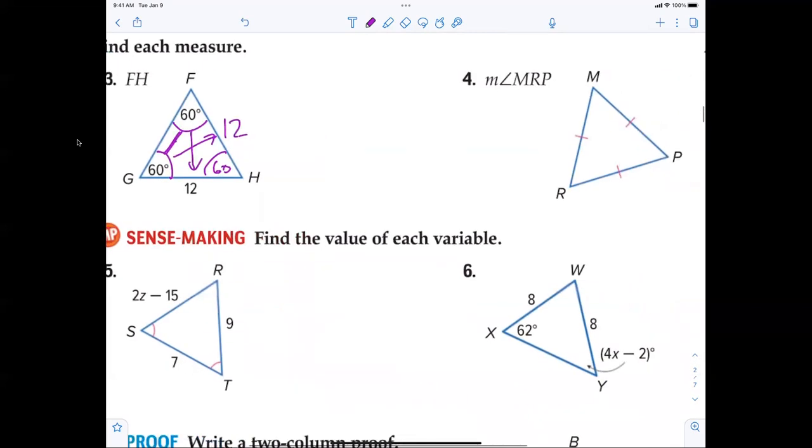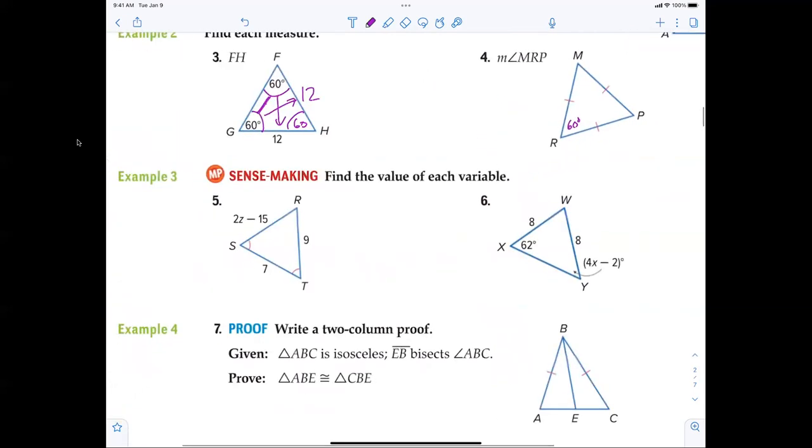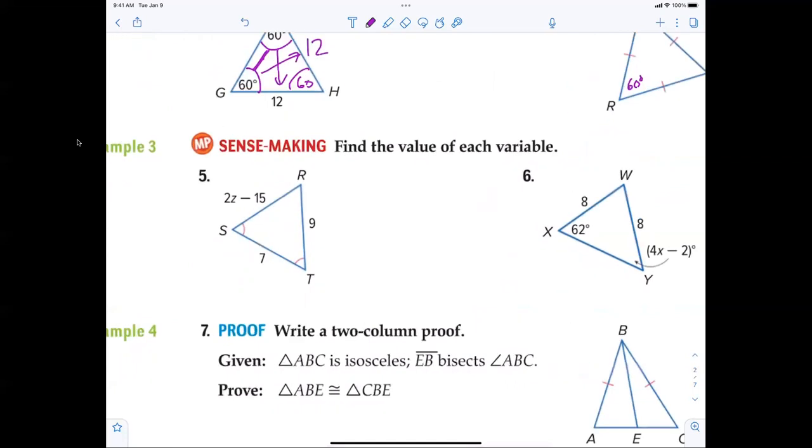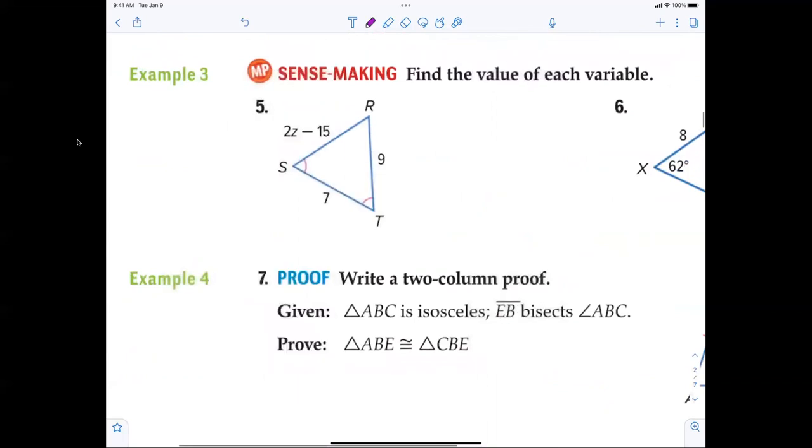So let's make sure we're good over here. Well, all those angles are what? 60. So MRP would be this guy right here, 60 degrees. Not a big deal. So number 5. How am I solving for Z?